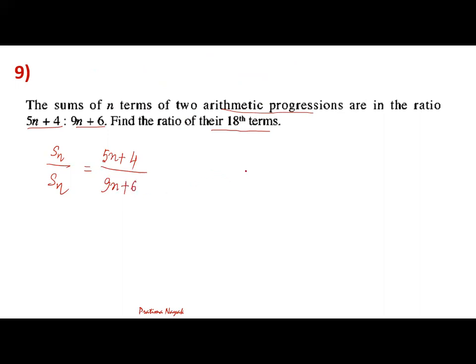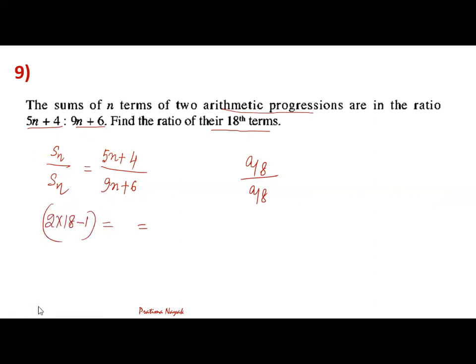You have to find the ratio of A18 to A18. So what will you put? Do you remember? It will be 2 into 18 minus 1, where you put n in place of n.